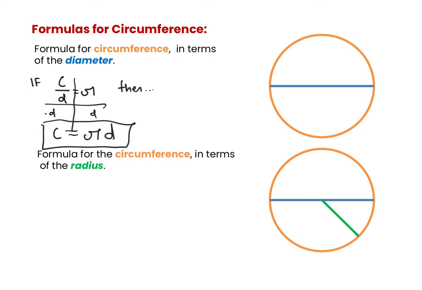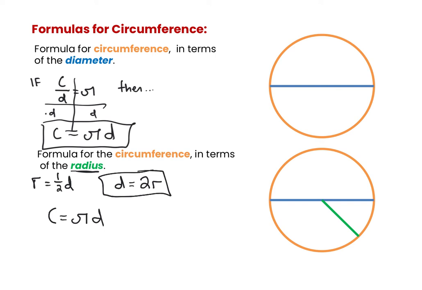And then because a radius is half of a diameter, it's also fair to say that diameter is equal to twice a radius. So if we take our formula where circumference is equal to pi times diameter, and replace this, we have circumference is equal to pi times 2r.